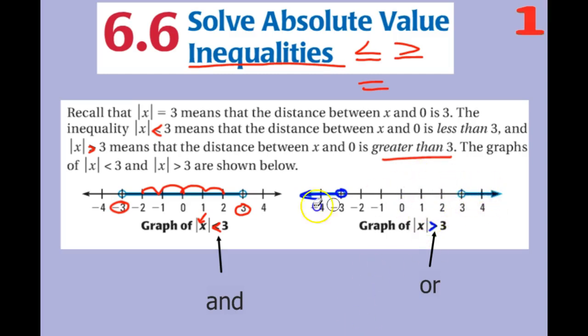One way to tell these two apart, so you know how our graphs are going to look right away, is to simply look at this symbol. If you have the absolute value all by itself and you have a less than symbol, I like to think of less than as for "and."